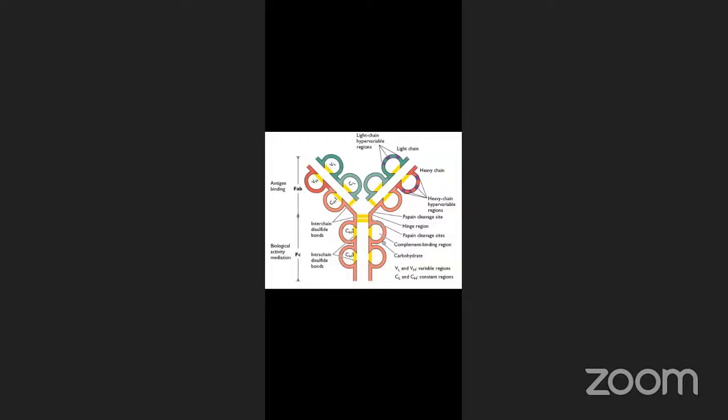A hapten can be a foreign, non-protein substance of low molecular weight, and by itself cannot generate an immune response. By attaching with a carrier, it can generate an immune response. These are the characteristic features of a hapten.